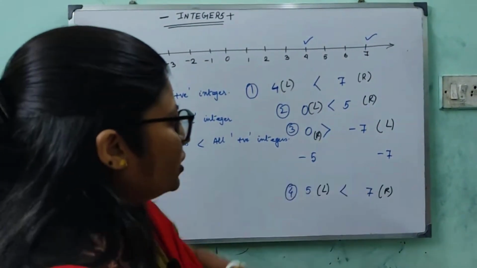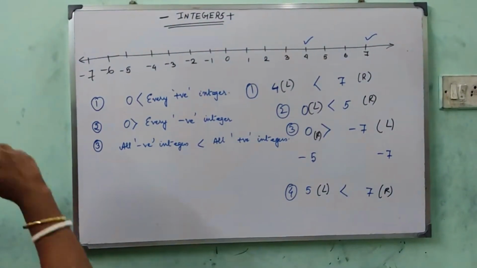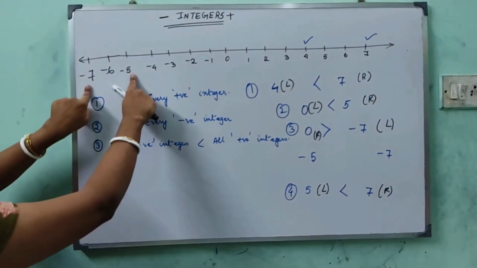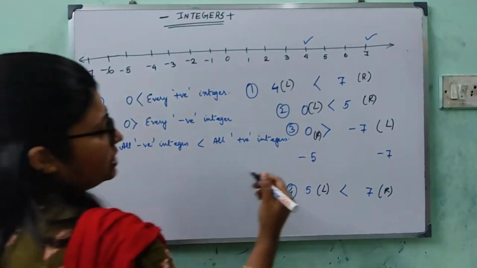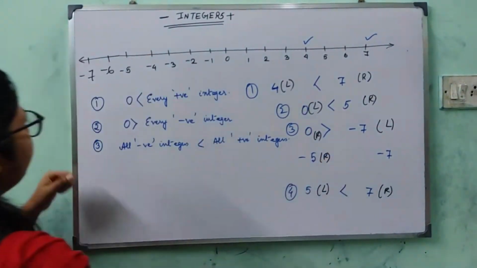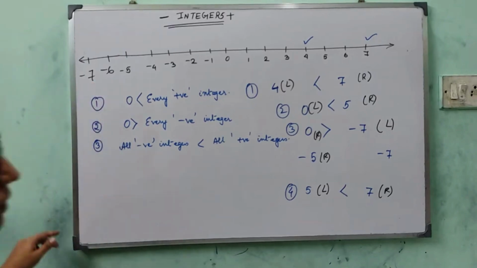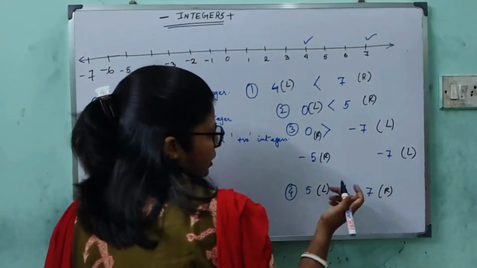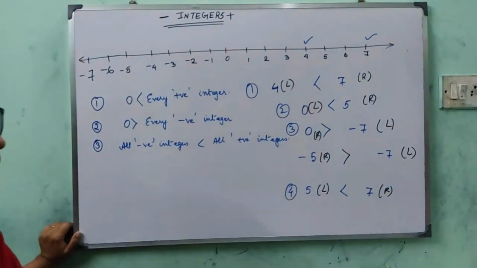So here in this question it was minus 5 is greater or minus 7 is greater. So let us see the two numbers, minus 5, minus 7. Which is on my right hand side? Minus 5 is on my right hand side, and the number on the left hand side was minus 7. So following the above examples and going by that same logic, minus 5 is greater. Okay, minus 5 is greater.